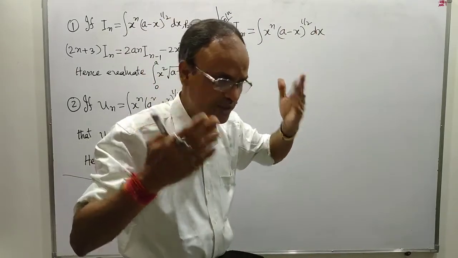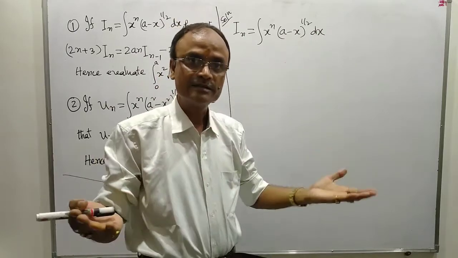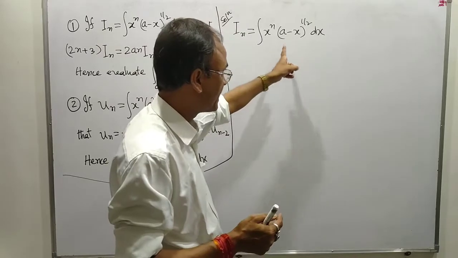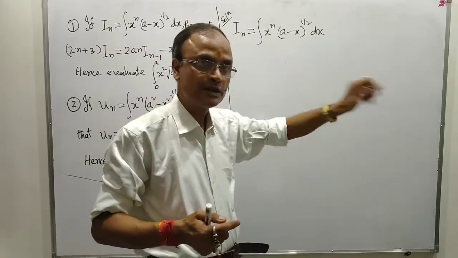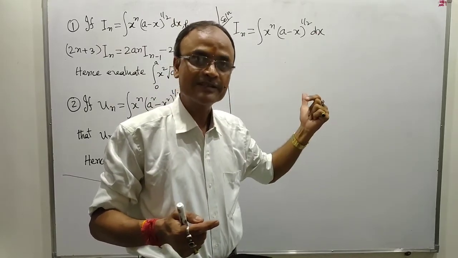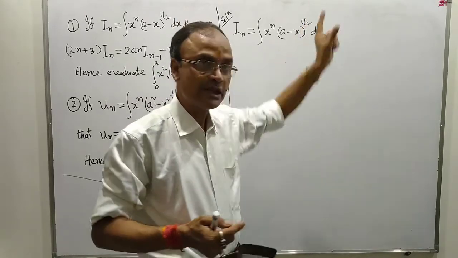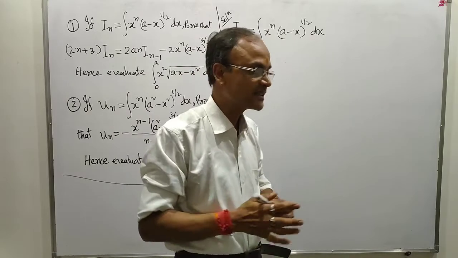If you put a minus x equal to z, dx will be equal to minus dz. Therefore, this integral will be equal to minus z to the power 3 by 2 divided by 3 by 2, with a minus sign. Therefore, this integral will be (a minus x) whole to the power 3 by 2 by 3 by 2 with a minus sign.